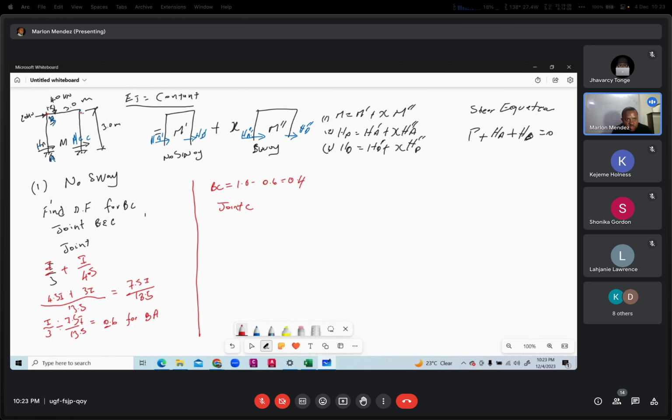So now joint C, which is this joint, you're going to do a similar thing. You take the stiffness of what connects that joint. So the stiffness from C to B is I over 4.5, plus the length here, which is 1.5 divided by 3.